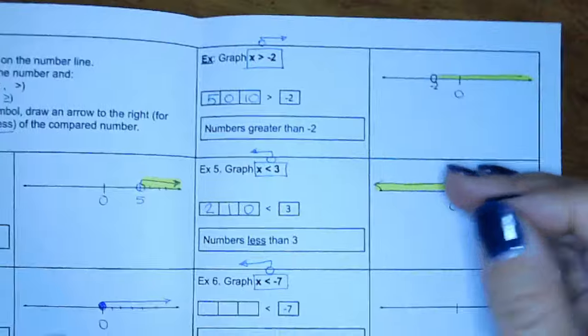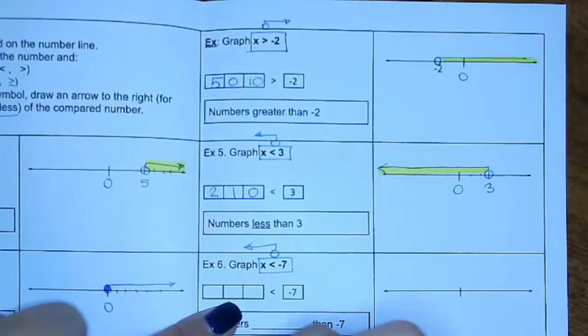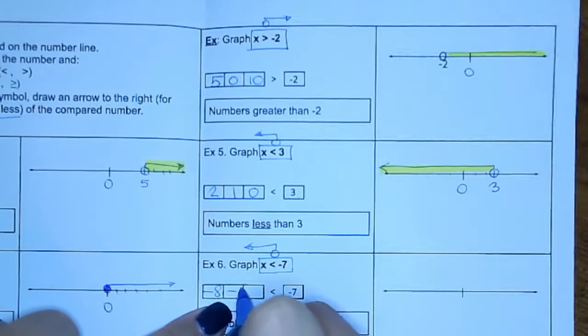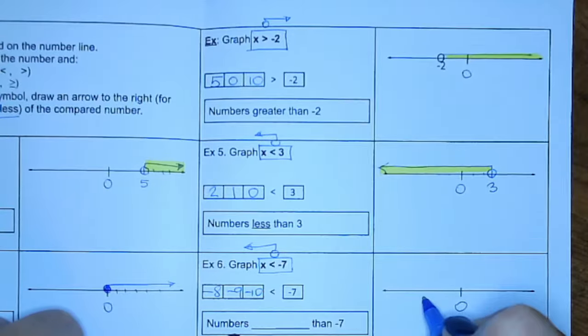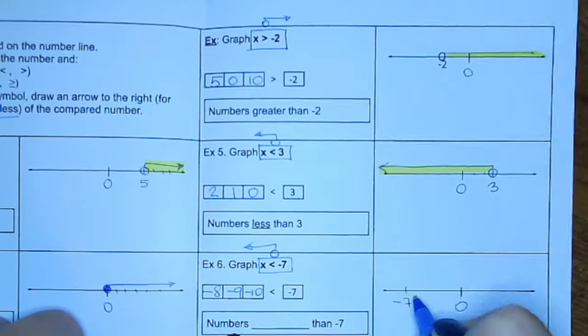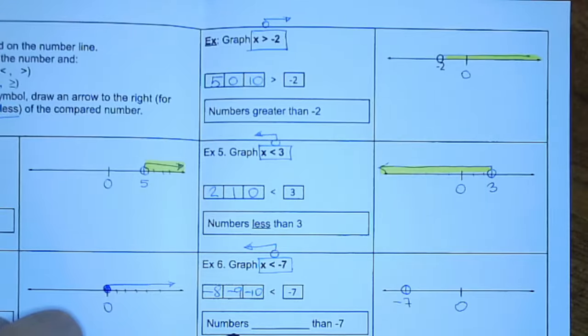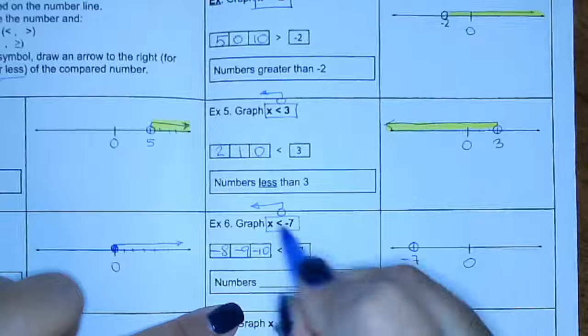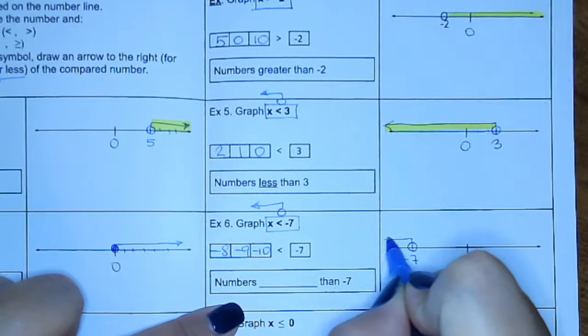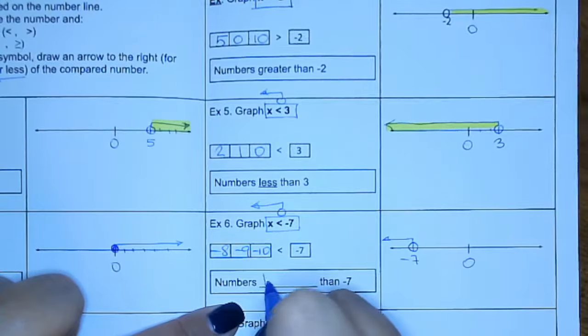So numbers less will be like -8, -9, -10. Compared to 0, -7 is on the left. The circle is empty because there is no equal sign, and then go left for less.